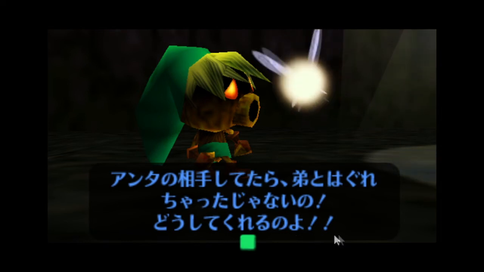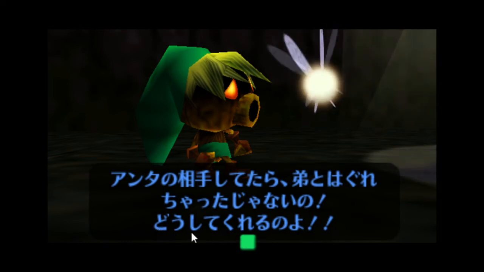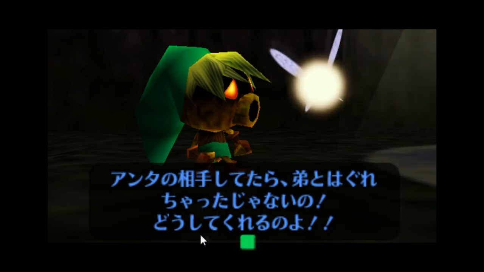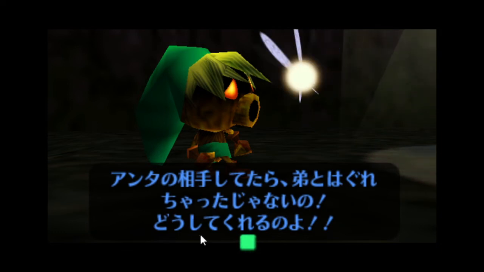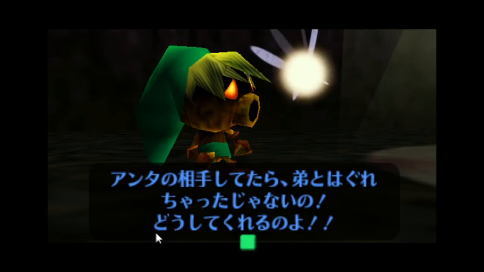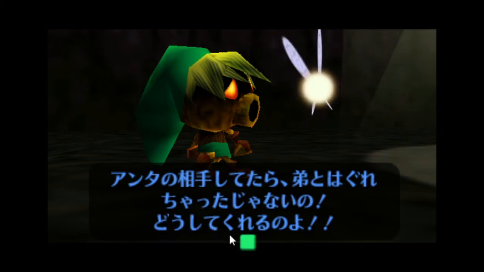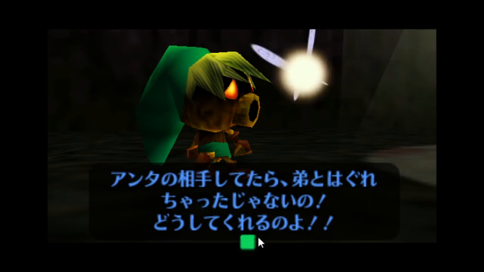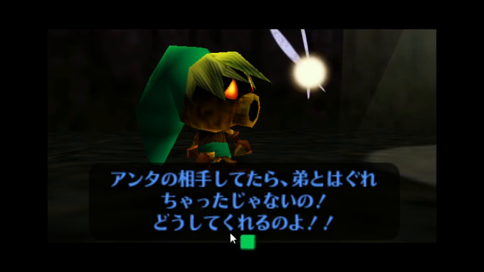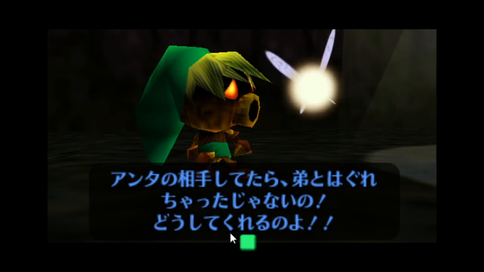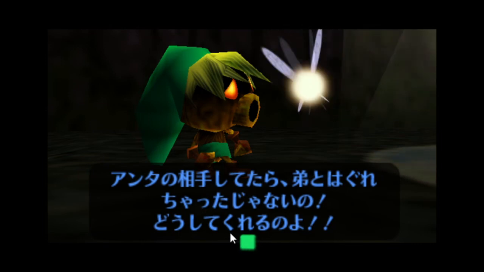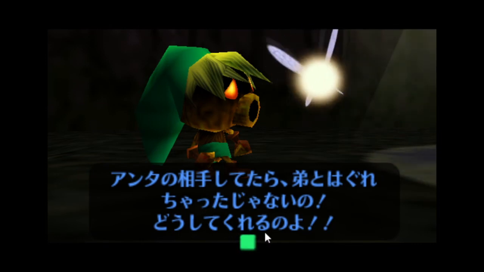Doshite kureru no yo. So I think this is suru again, the same sort of suru as we had up here, which means to act. And this, as we know, do means how or in what way. So in what way are you going to act? And then kureru is like asking someone to do something for you. I think it started off as quite humble, but it just became the standard form for kureru to mean when someone does something for you.